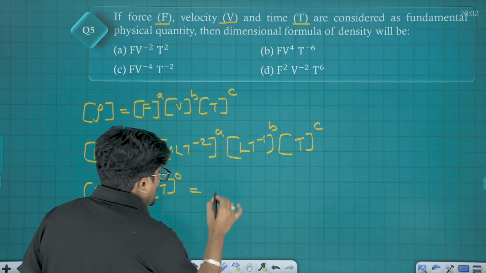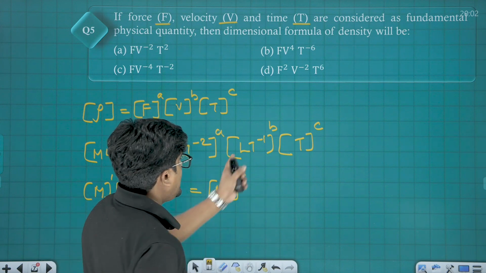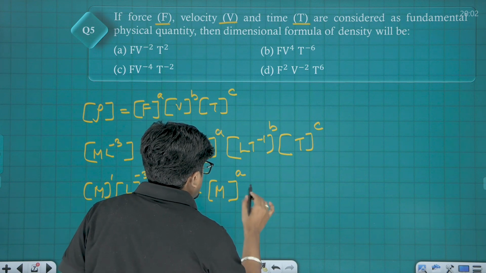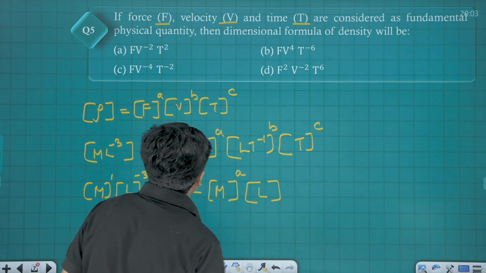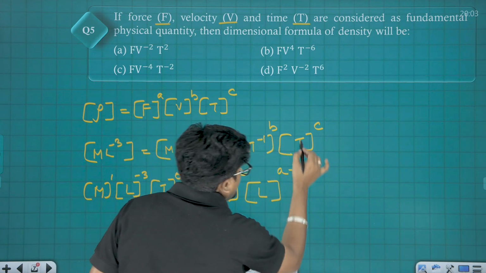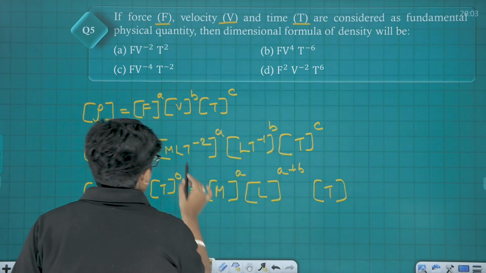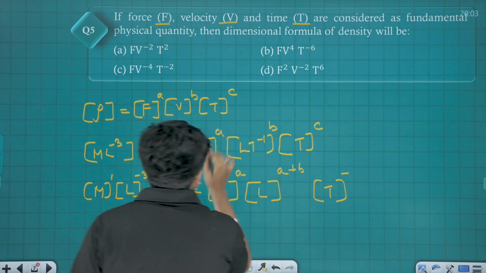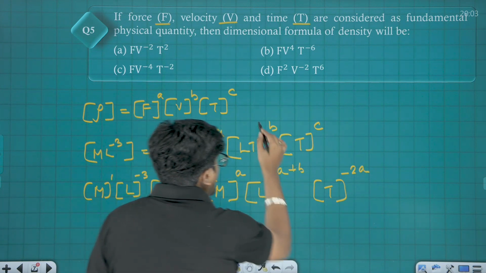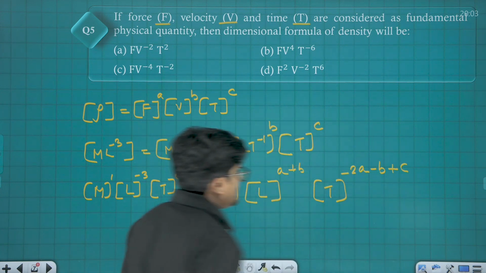That is equal to M to power a, and all the rest two terms don't have any dimension for mass. Next is L to power a plus b, and there is no term there. Next one is T to power minus of 2a, minus of b, and c.